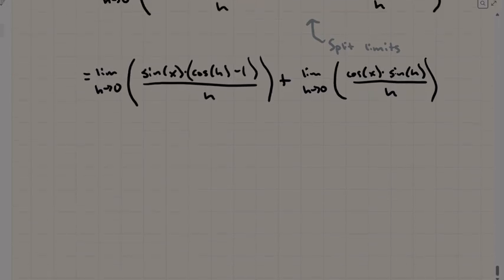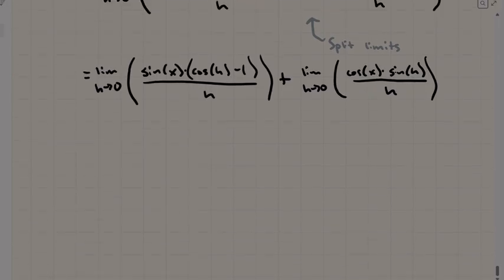Okay. Now, again, remember anything that is a constant in terms of h, if it doesn't depend on h, can be pulled out of the limit expression. So in this first term, we have a sine of x that has nothing to do with h.